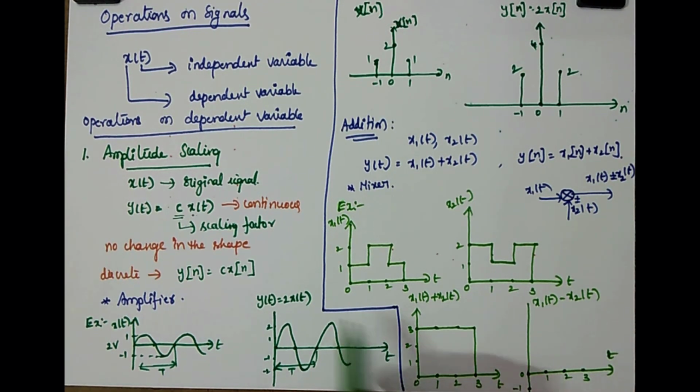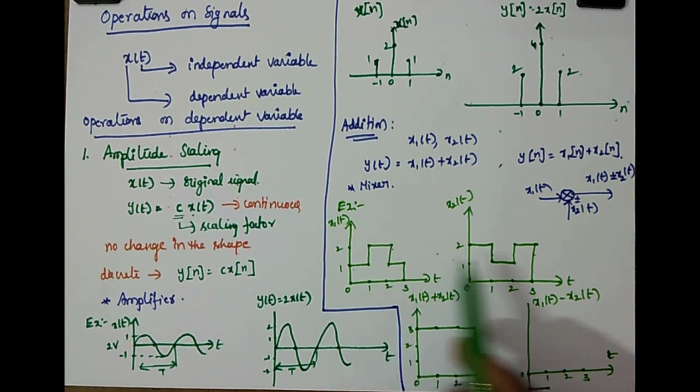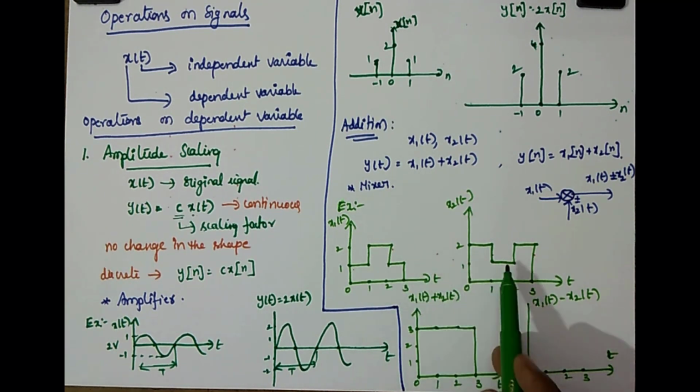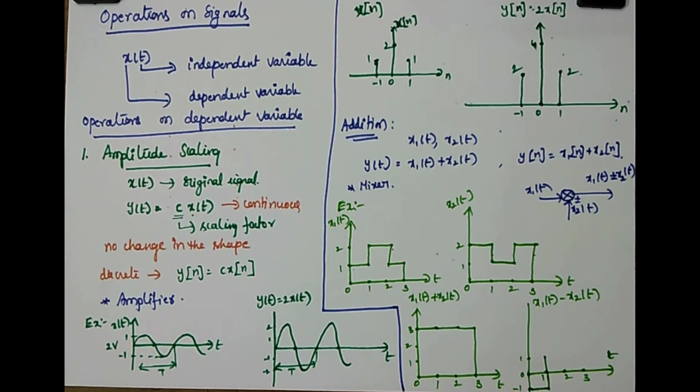Next, between 0 and 1, x1 of t is 1 and x2 of t is 2. So 1 minus 2 is minus 1. So between 0 and 1, minus 1 remains. Between 1 and 2, x1 of t is 2 and x2 of t is 1. So 2 minus 1 is 1. So it goes to 1, and it remains at 1.